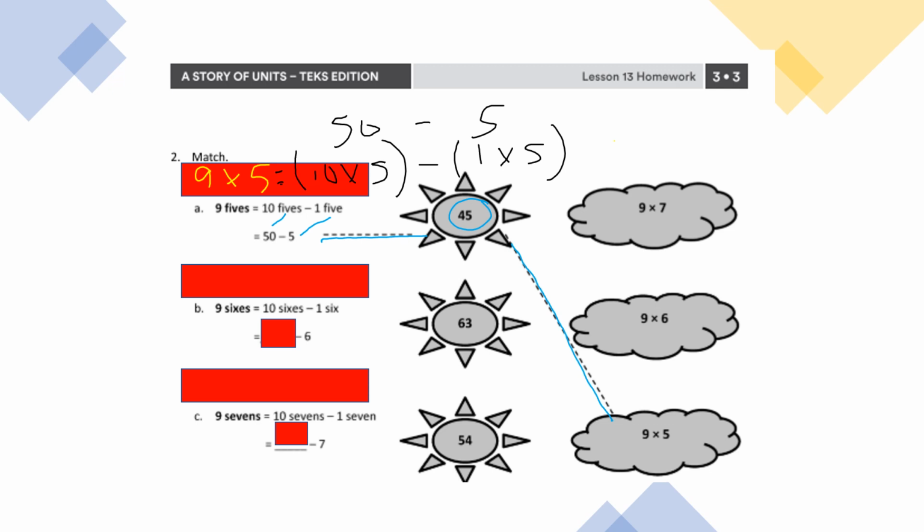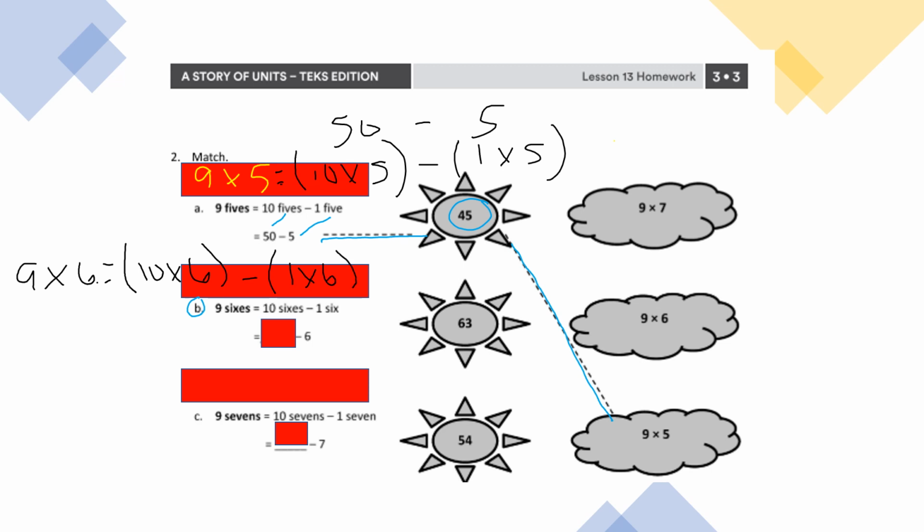Okay, let's move on to 2B. So it says 9 sixes. Well, if we write 9 sixes as an equation, then that is 9 times 6. And here they say 9 times 6 equals 10 sixes, which is 10 times 6, minus 1 6, 1 times 6.